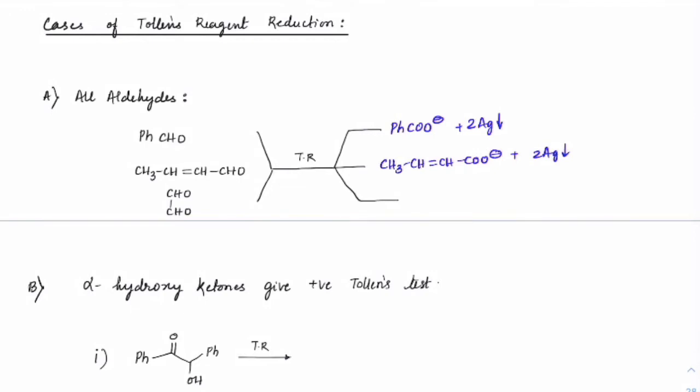In case of glyoxal, both CHO groups will get oxidized, so you will get COO minus and COO minus plus 4 moles of Ag. This last one is important to understand: it is not 1 mole, both the CHO groups will get oxidized to this form. So this is what has been identified with aldehydes.